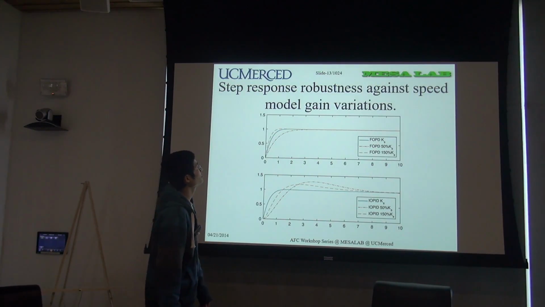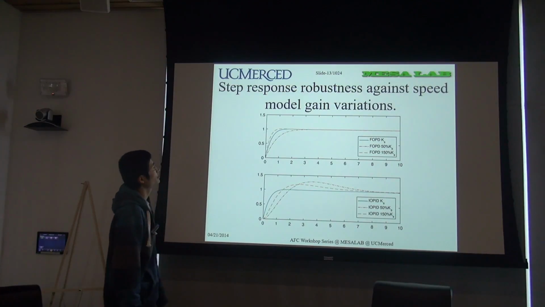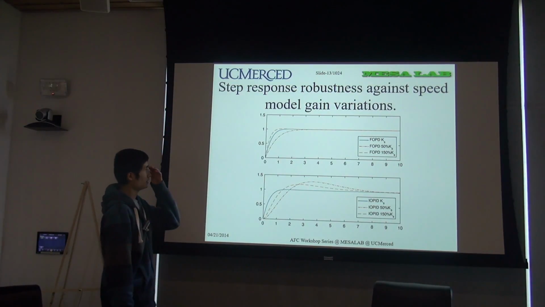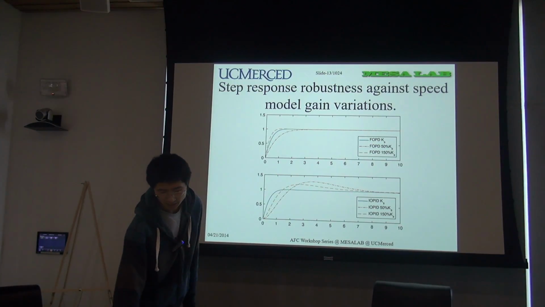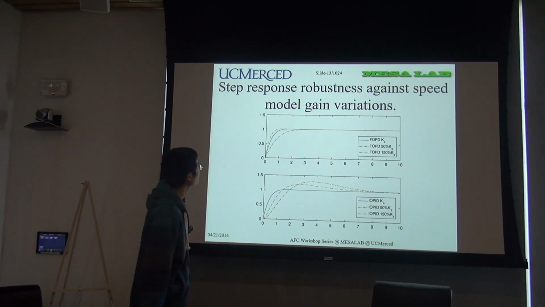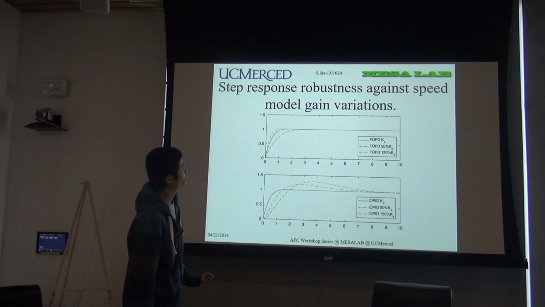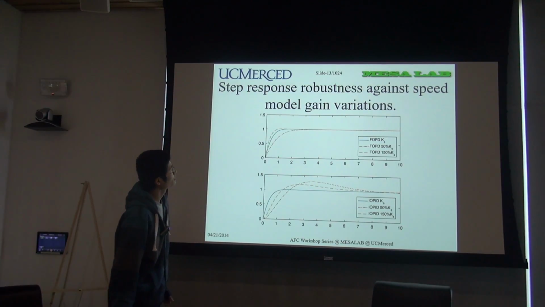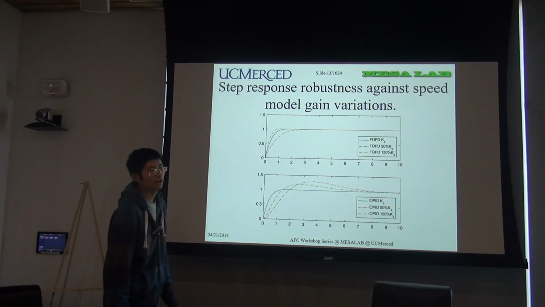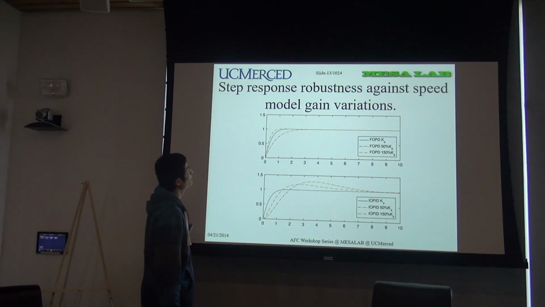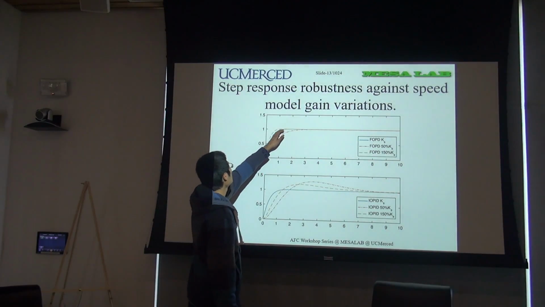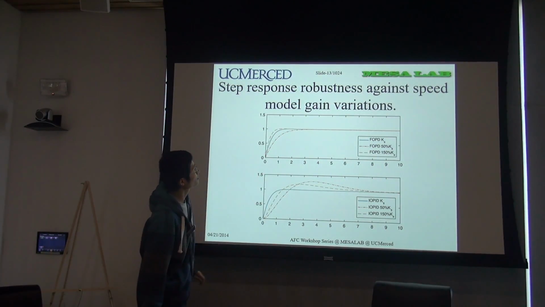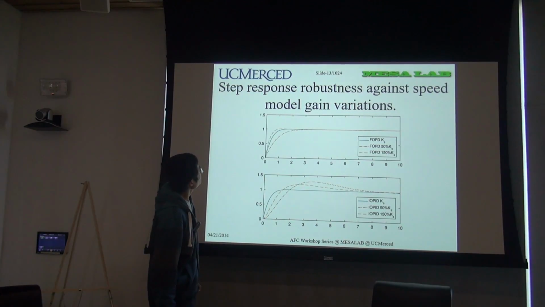We also investigated the robustness against speed model gain variations. This is investigated by simulation. You can see we have changed the gain, decreasing and increasing. For the fractional order PID, the blue one is the original one. You can see the result.